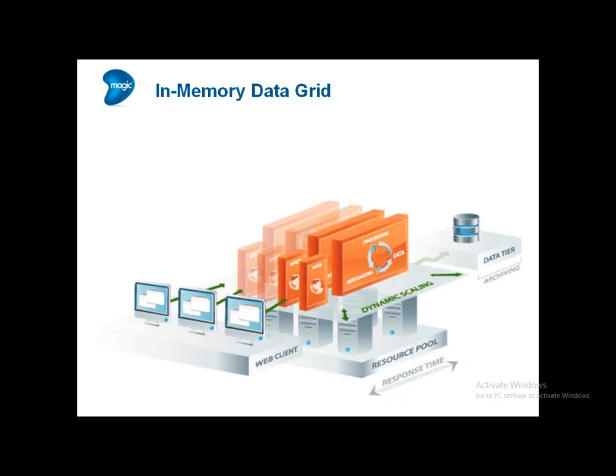Behind the scenes, we have an infrastructure that is in memory, a data grid that can be split across multiple locations, multiple servers, multiple topologies, and that is dynamically scaled, meaning that if you start small with one type of business process, and you have a need to scale that, this is done automatically.